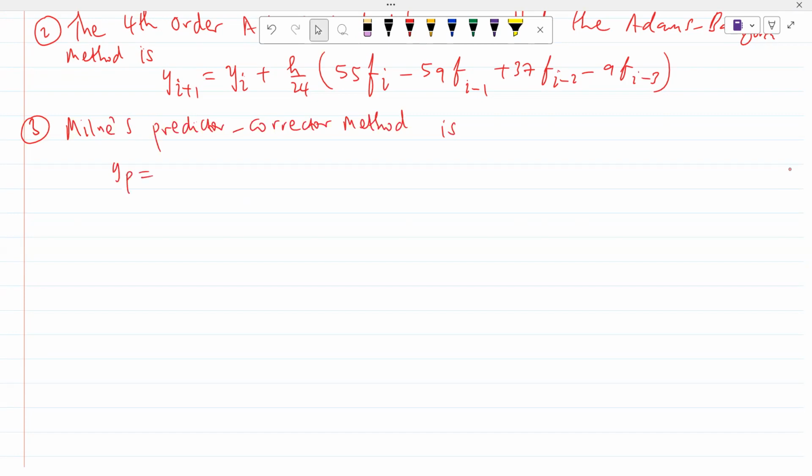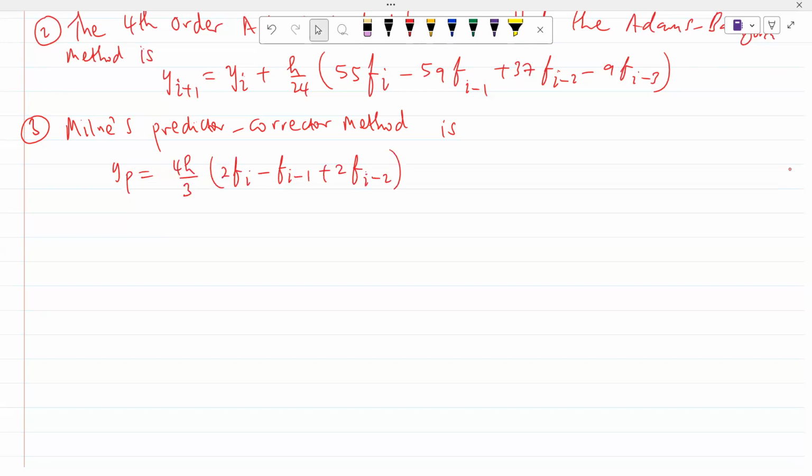Milne's predictor corrector method is y p equals y i minus 3 plus 4h over 3 into twice f i minus f i minus 1 plus twice f i minus 2.